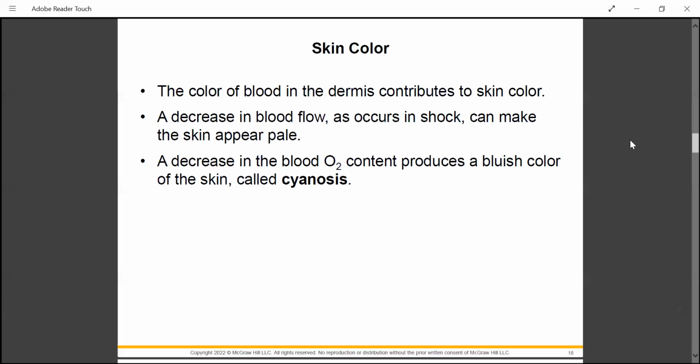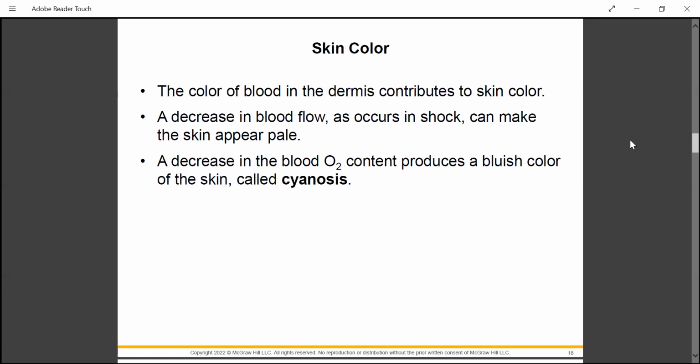The other thing that we can talk about is the color of blood within our dermis. So if we have less blood flow into the dermis, that's going to cause a paler appearance for our skin because we have less blood going towards the surface. If we have more blood going towards the surface, then of course our skin is going to have a redder tone to it versus pale.